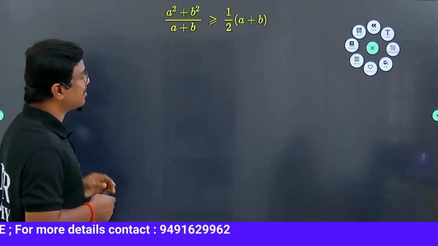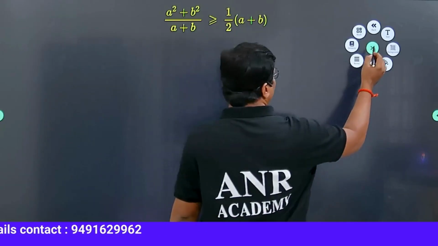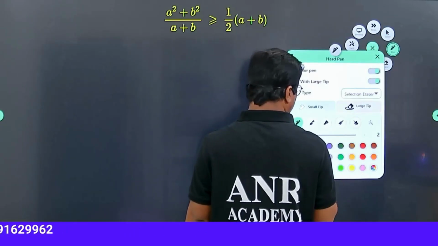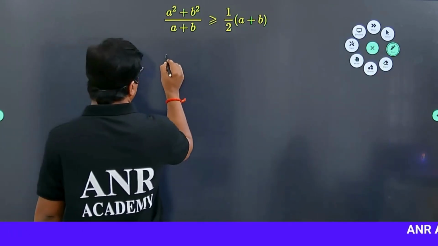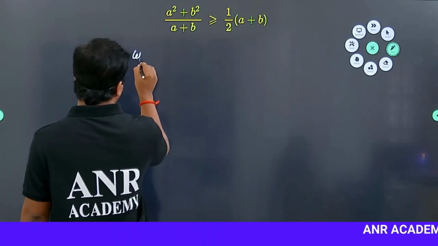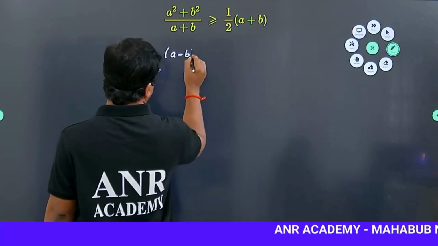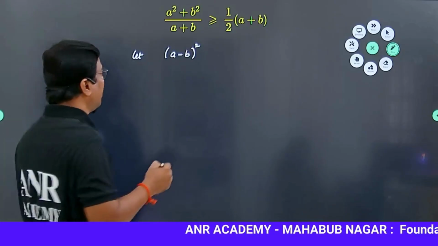See first one. You have (a² + b²)/(a + b). To prove this, I am going to select, let us suppose, (a − b) whole square. Square quantity is always non-negative.